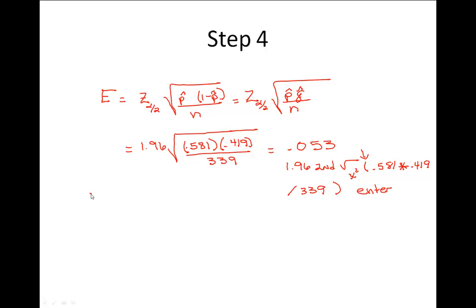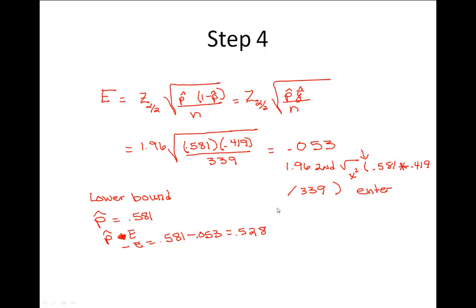And now we're going to figure out our lower bound and upper bound, which means to take what we started with, which is the p hat, 0.581, and subtract the error for the lower bound, and add the error for the upper bound. 0.581 minus 0.053 gives me 0.528.